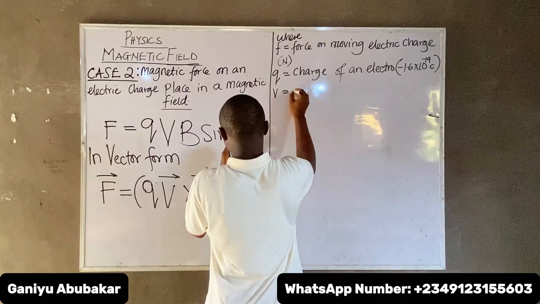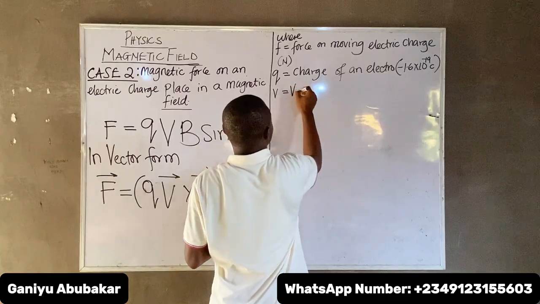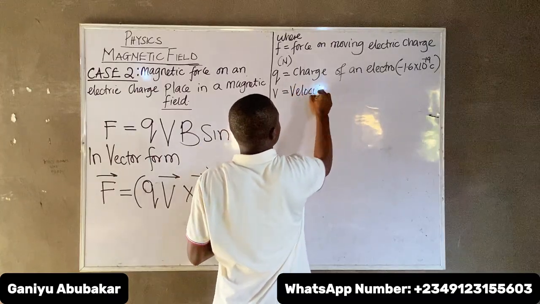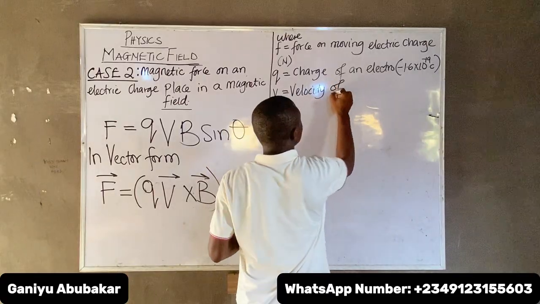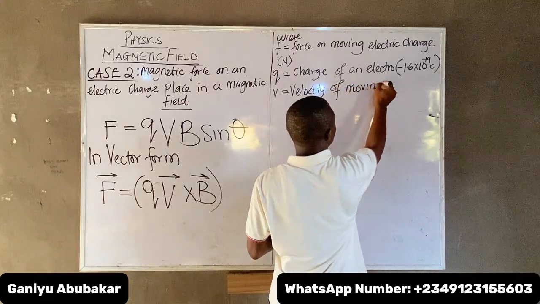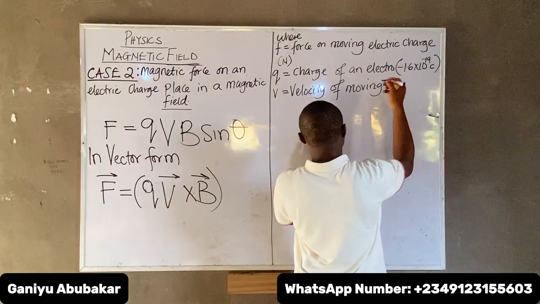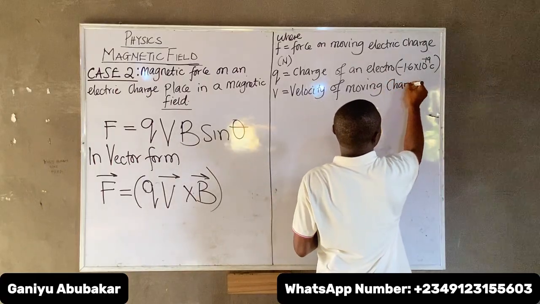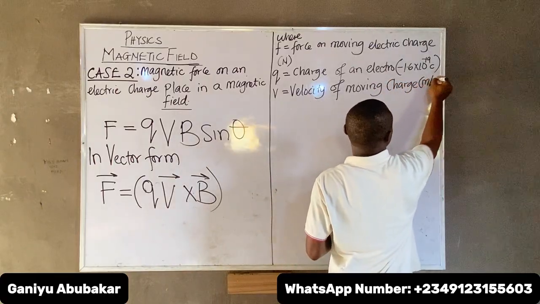V is called the velocity of a moving electron or moving charge, in meter per second.